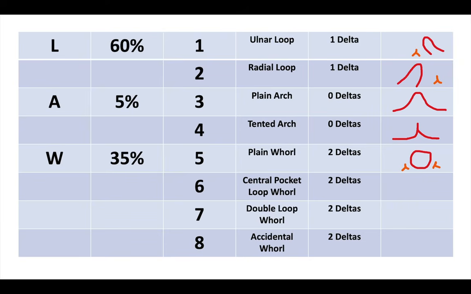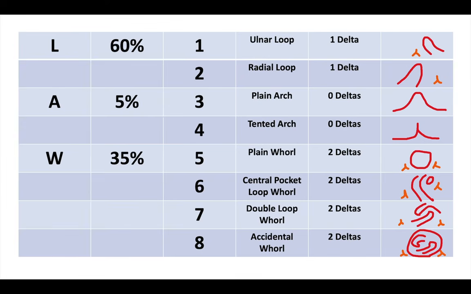Within a plain whorl, you have at least one circulating ridge that will cross the line and come back in. In a central pocket loop, you'll have two deltas, but none of the lines going around in a circle will cross the line and come back. Double loop whorl, you'll have sort of two cores in there.